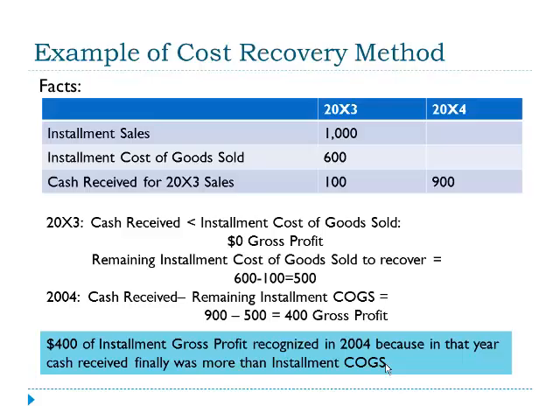Let's see with numbers how this differs from the installment method. If we have a similar example in which we have $1,000 of installment sales, $600 of cost of goods sold, and we receive $100 in payments from customers in 2003 and $900 in 2004. This method says that no gross margin is going to be recognized in 2003.